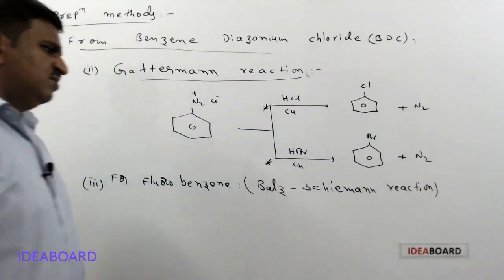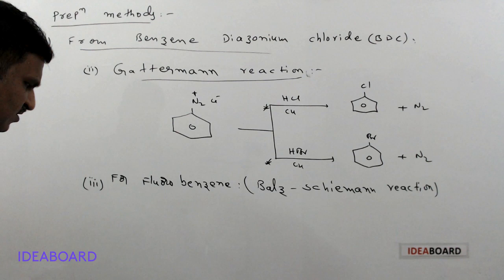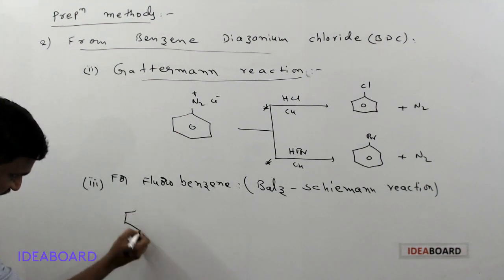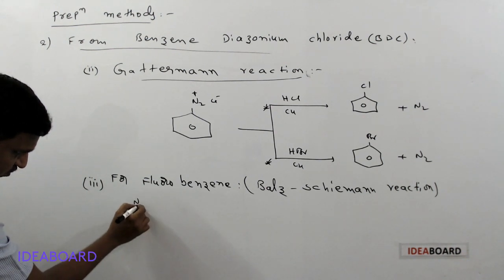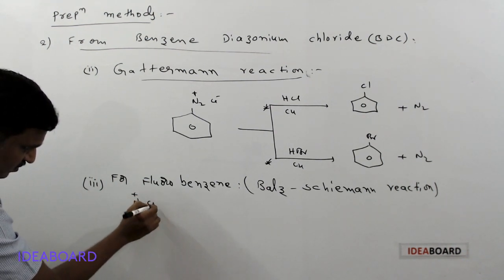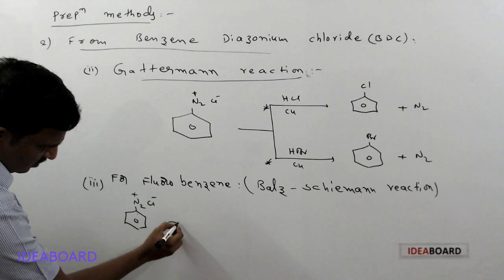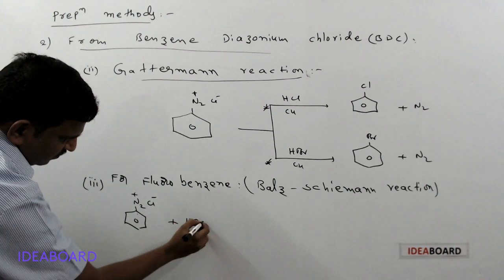What is this method? If you have benzene diazonium chloride, N2+ Cl−, it is treated with HBF4.